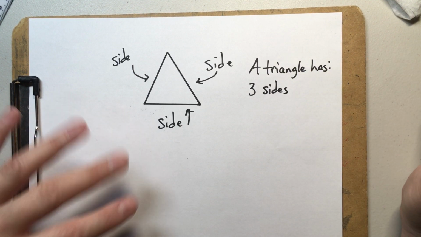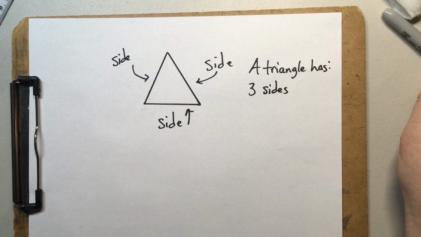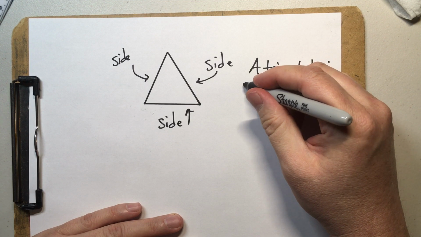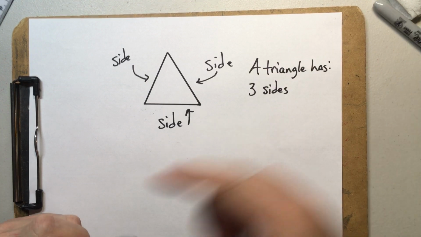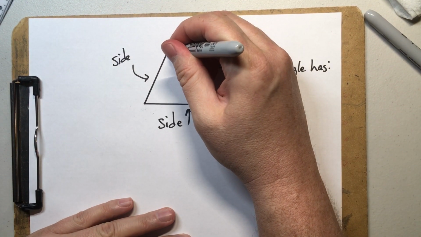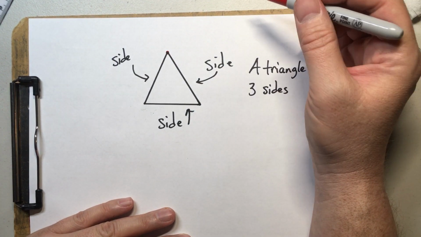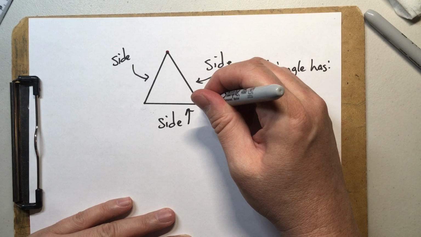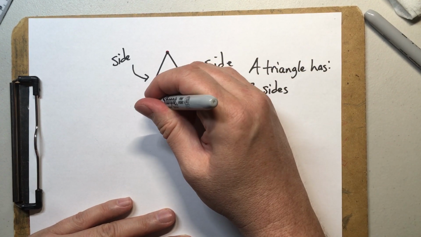Okay, now what does it mean to have three vertices? Well, let's take a look. A vertex is where the two sides meet each other at a point. Okay? And I'm going to put these in red.